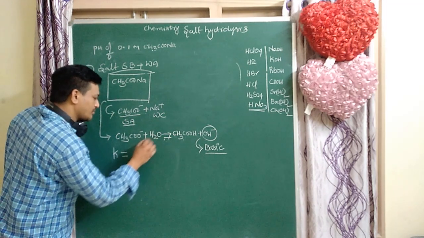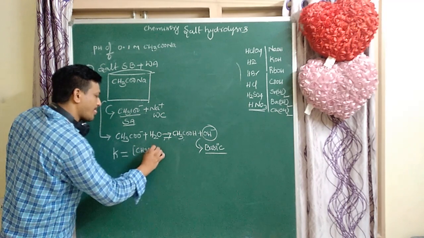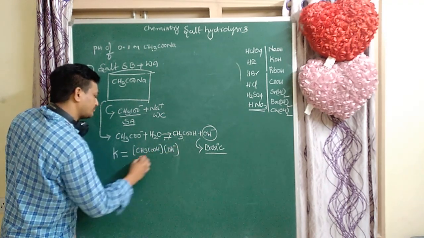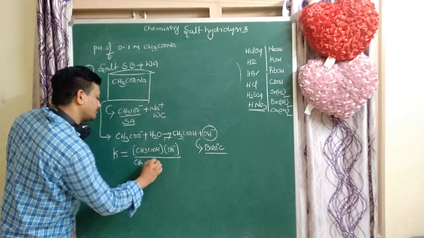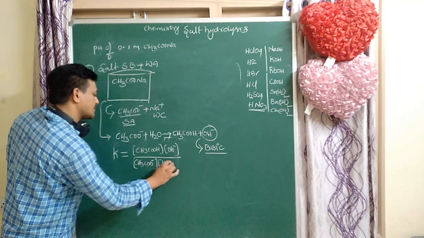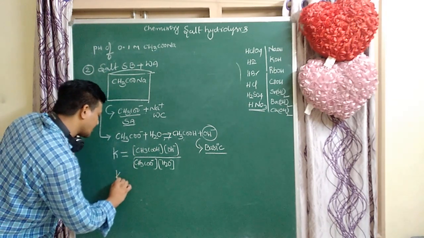How do we calculate the equilibrium constant? It is the concentration of acetic acid times the concentration of OH minus, divided by the concentration of acetate ion times the concentration of water. Here the water concentration is constant, so constant times constant gives the new constant KH.